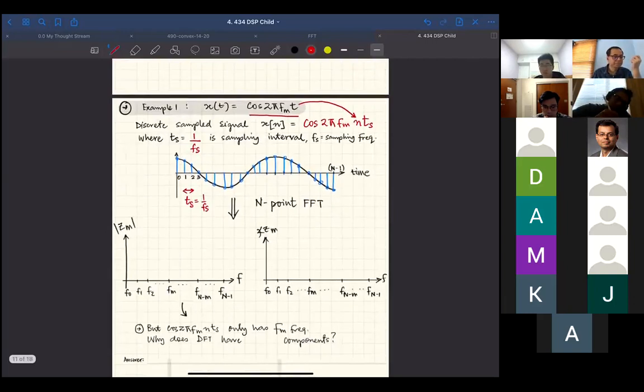Okay. Now you take an N-point FFT. What should you get? Let's make this the N-point window.